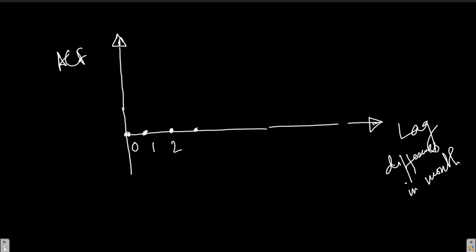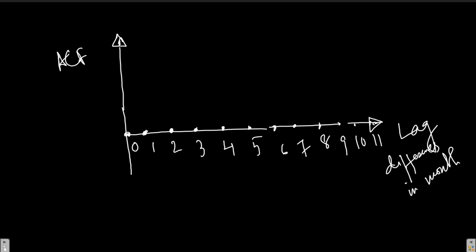Between Jan and April, there is a difference of 3, and Jan and May, it's a difference of 4. Jan and June, it's a difference of 5. Jan and July, it's 6. Jan and August is 7. September is 8. October is 9. November is 10. December is 11, okay? Now, so this is what is lag.